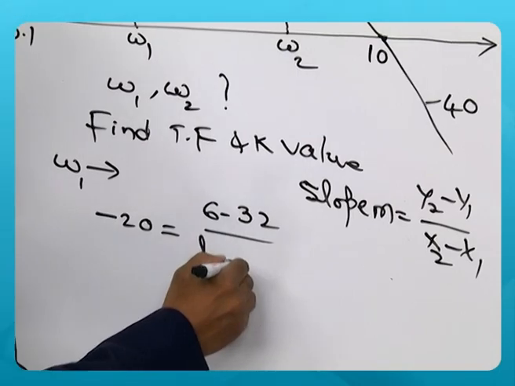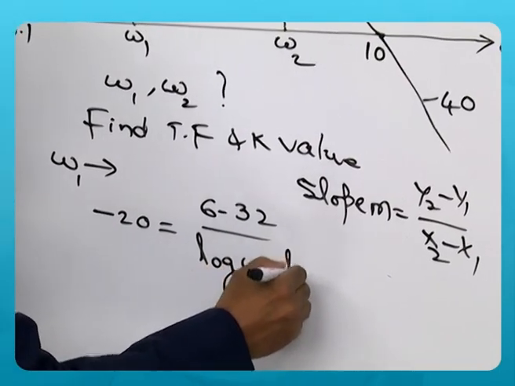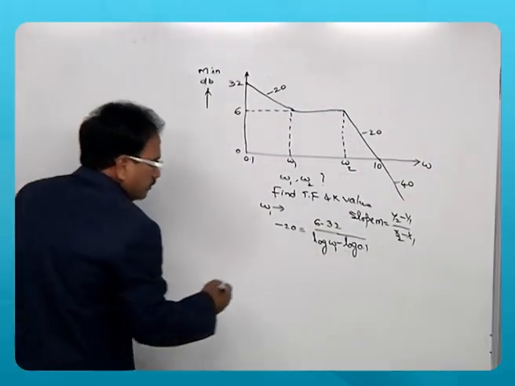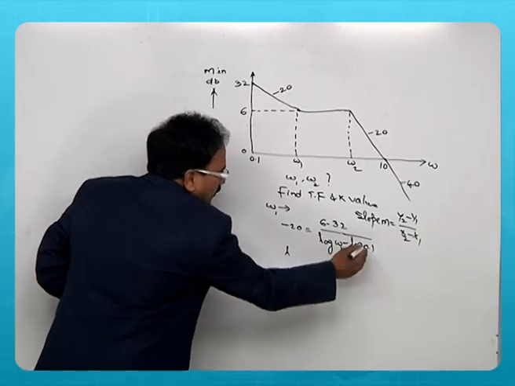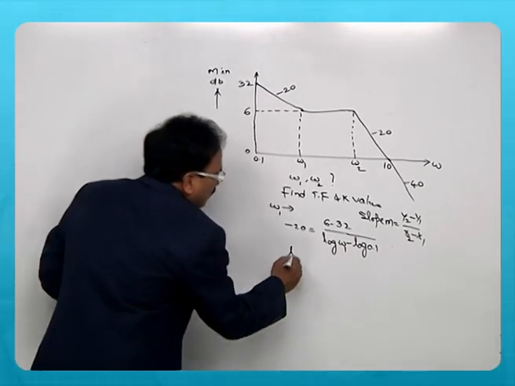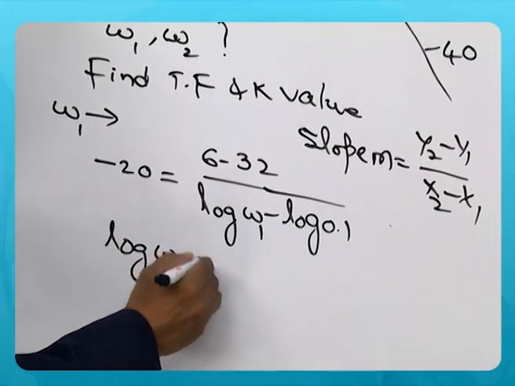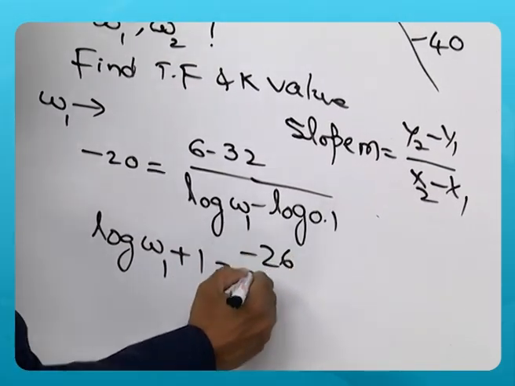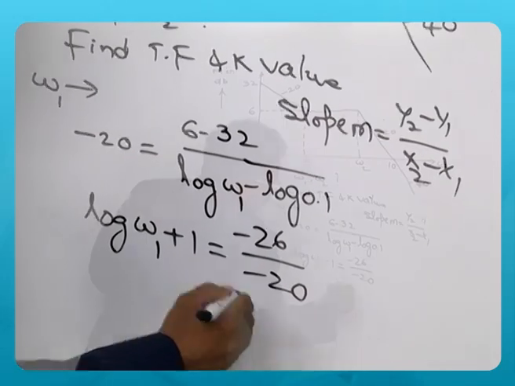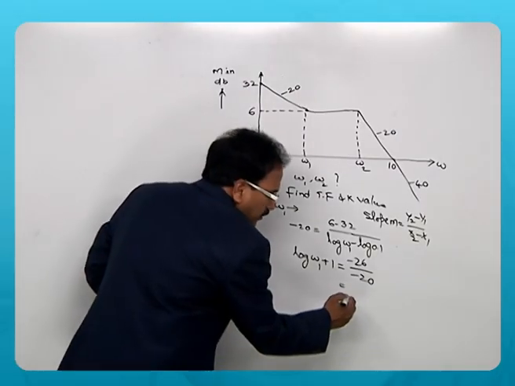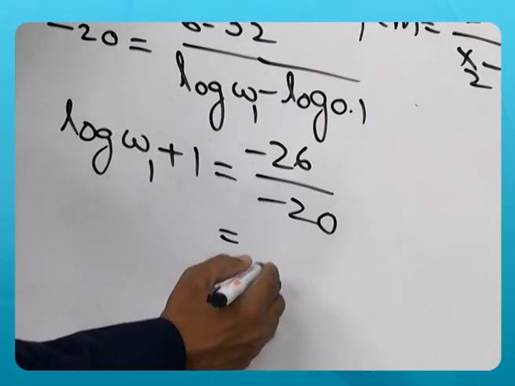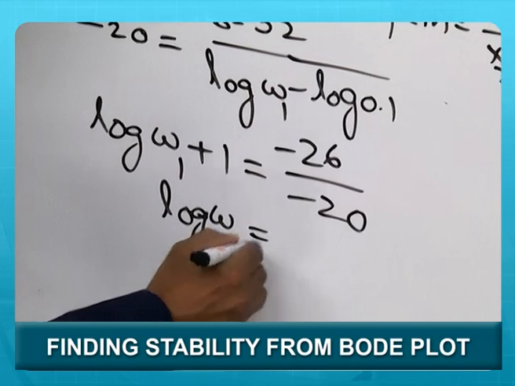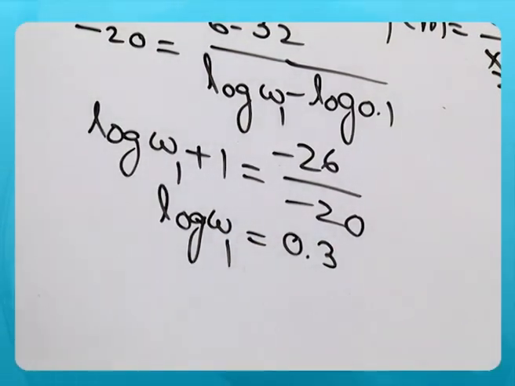So it must be written in log omega 1 and log 0.1. We can write log 0.1 as minus 1, so log omega 1 plus 1 is equal to minus 26 by minus 20, which becomes 1.3, and 1 goes to this side, so log omega 1 is equal to 0.3.